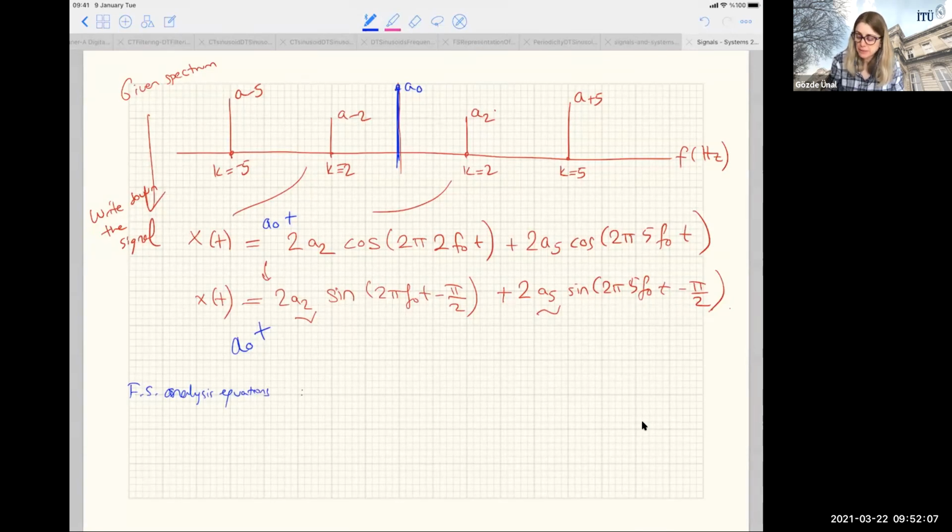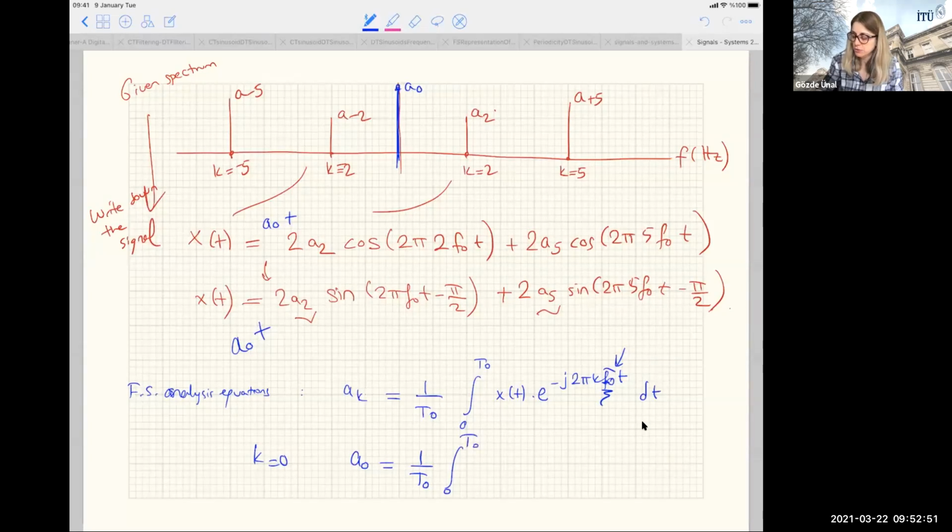We said, remember, Ak can be found by, this is just a scale, 1/T0, integrating our inner product of the signal with the basis function, but it's just complex conjugate or Hermitian, we call this, e to the minus j 2 pi k f0t. We should know the fundamental frequency, of course. This is very important, dt. When k is 0, you see this really reduces to A0 is the area underneath the signal in one period, but also normalized by 1/T0, scaled by T0.